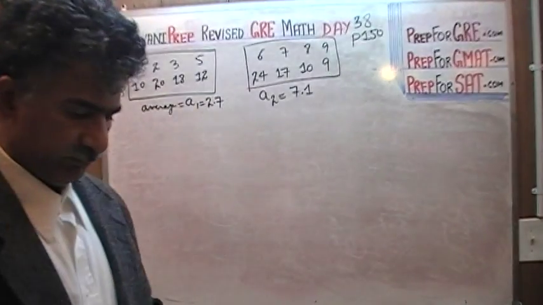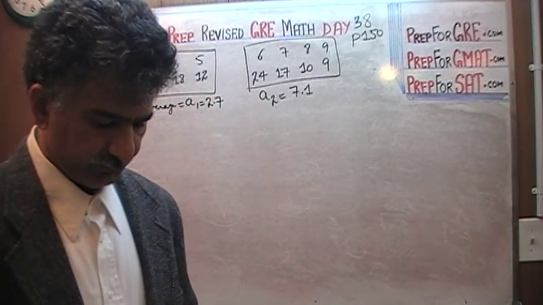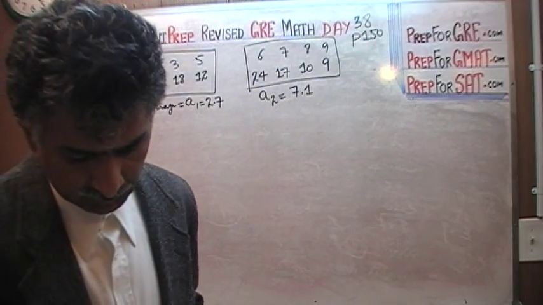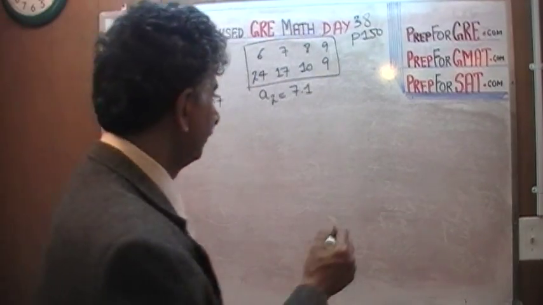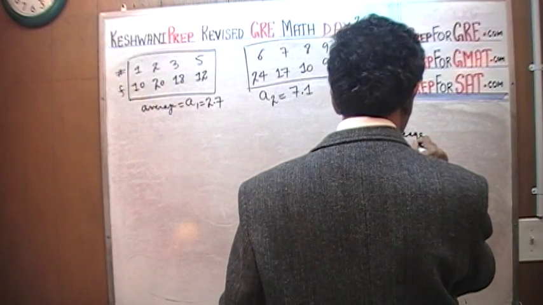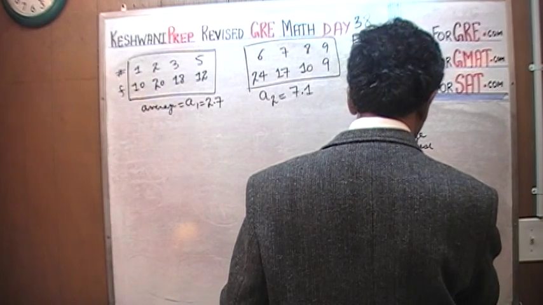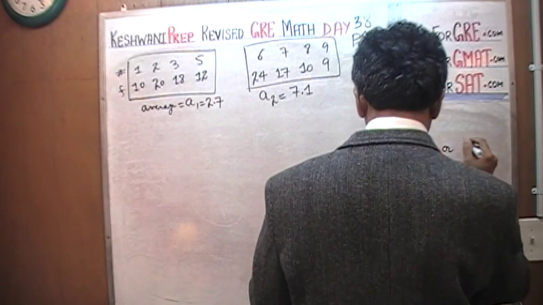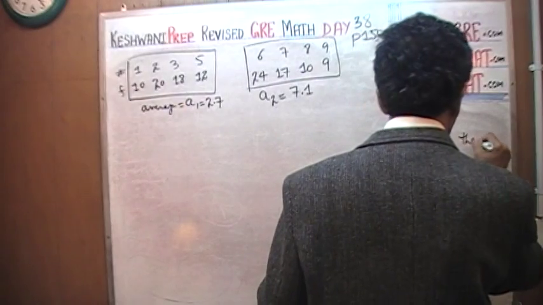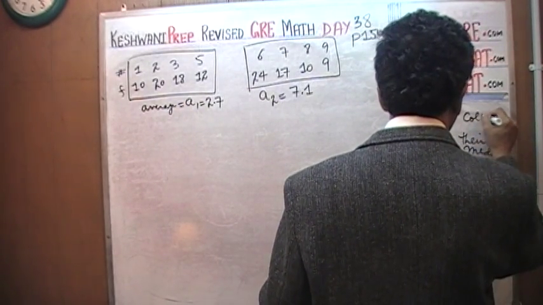The question simply is, which quantity is bigger? The average of these 120 numbers, or their median?